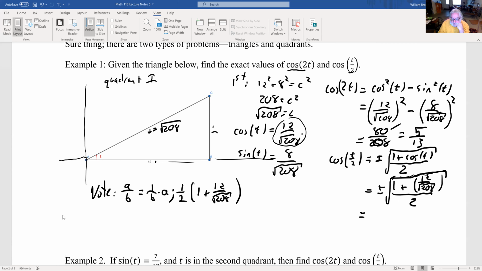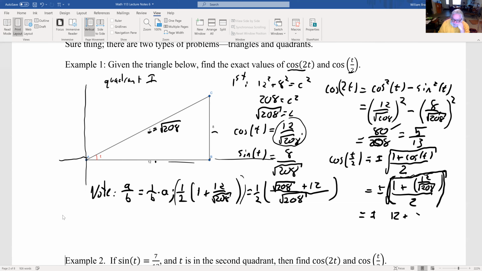Great. And so this thing here inside this square root is the same thing as this thing, right? 1 over the denominator times the numerator. And that makes it a lot easier to simplify because that becomes 1 over 2 times square root of 208 plus 12, and then that's over square root of 208, which is inside of the square root. And so there's our cosine of t over 2.